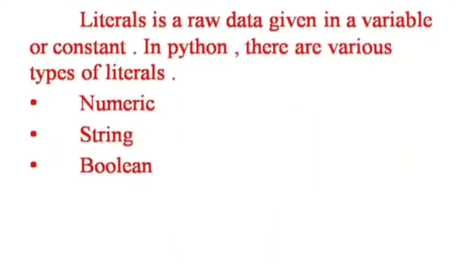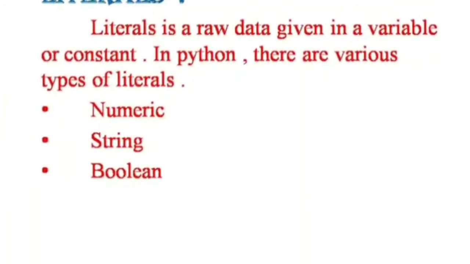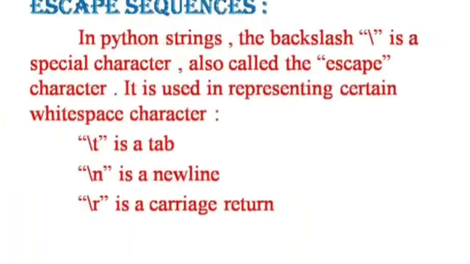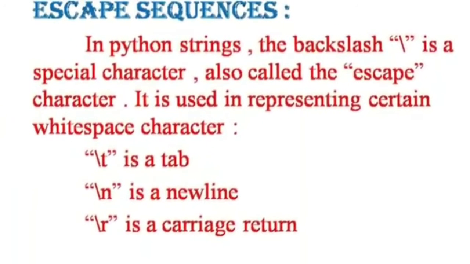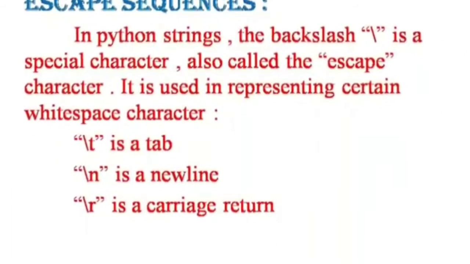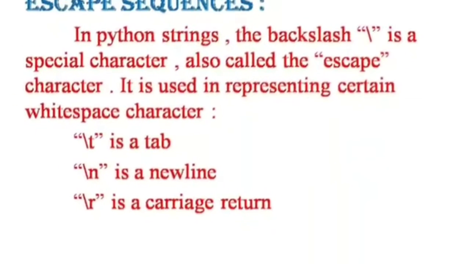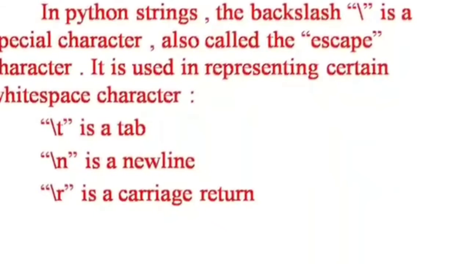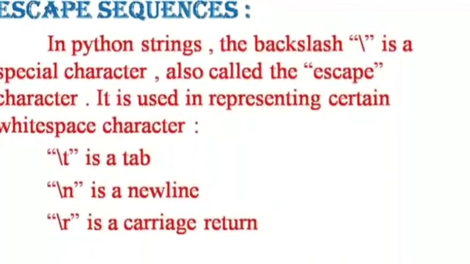They are numeric literal, string and boolean. Now escape sequence. In a Python string, backslash is a special character also called the escape character. Example: \t is a tab, \n is a new line and \r is a carriage return.